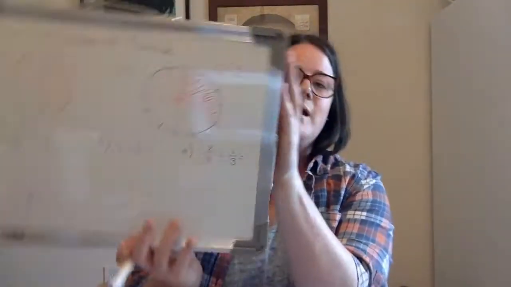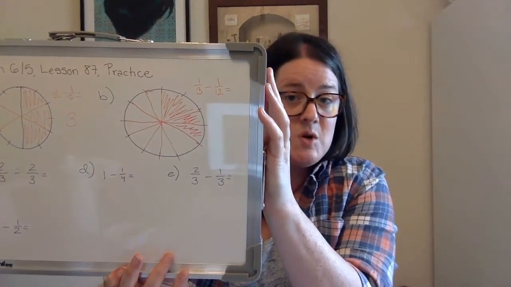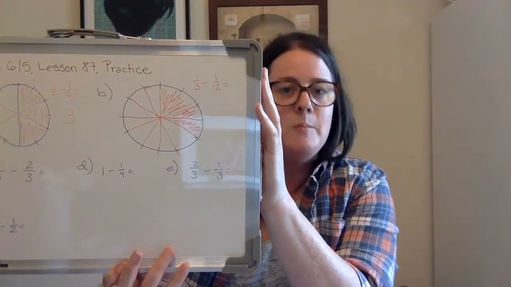All right, so 1/3 is going to be that much. All right, you can see that that's 1/3 of a circle, or in this case, a kind of squishy, flat, oblong circle.